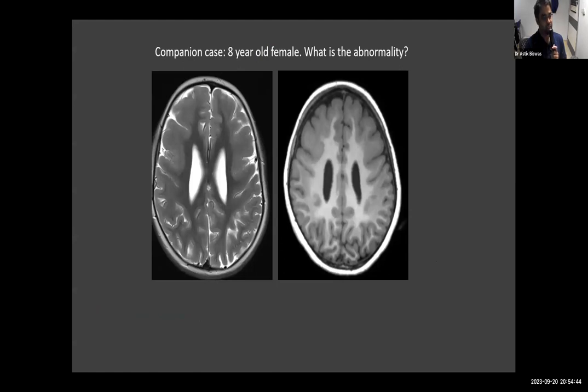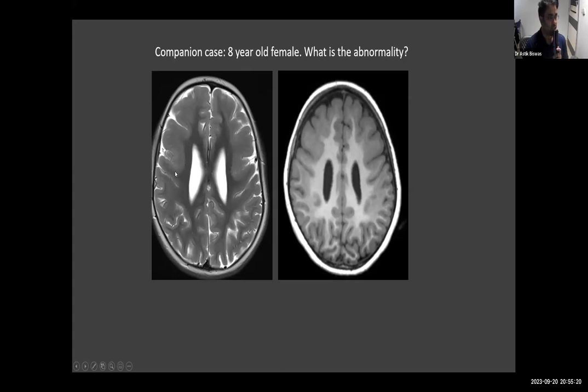This is a companion case. This is an 8-year-old female. Again, it's important. What is the abnormality here? Again, there is some abnormality that you can see anteriorly. Posteriorly, it tends to normalize, maybe not fully normal, but essentially what we are seeing here is another AP gradient. And in this case, if you look closely, there is cortex, there is white matter, and then there is this layer of cortex as well.